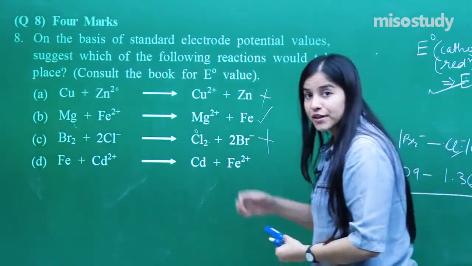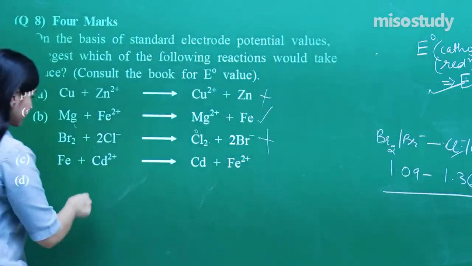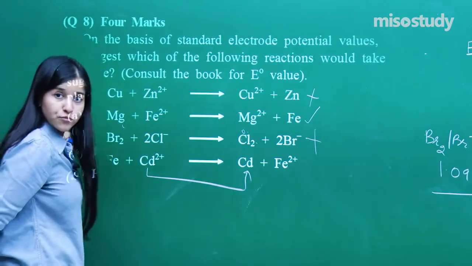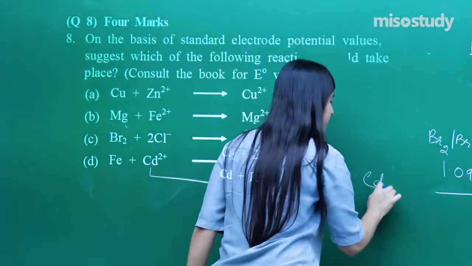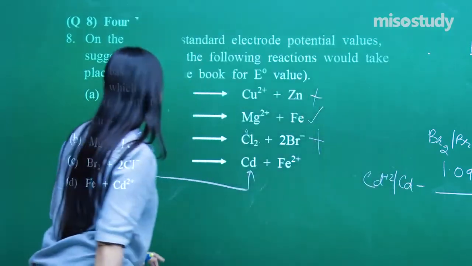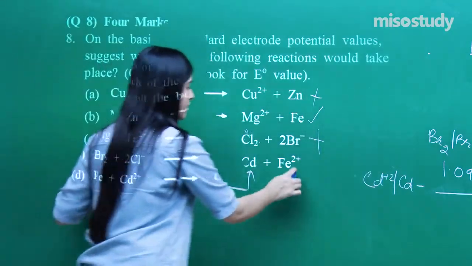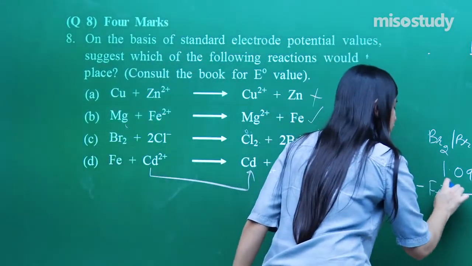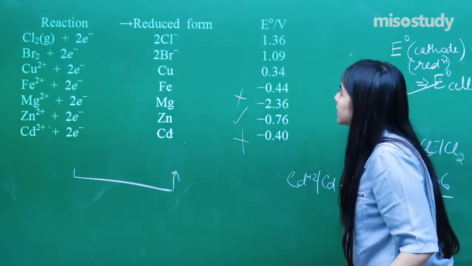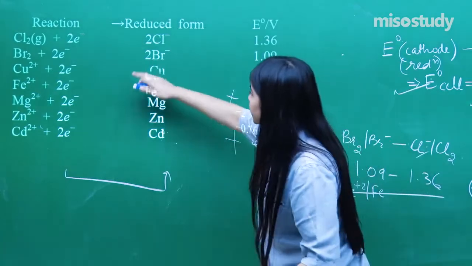Now if I try to calculate for the cadmium and this, right? See, this is the reduction process. So cadmium plus 2 to cadmium minus of Fe, Fe plus 2 to Fe. Let's put the values then. So cadmium, where is it?